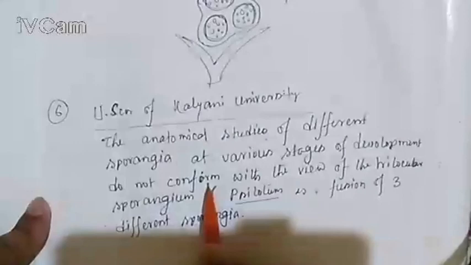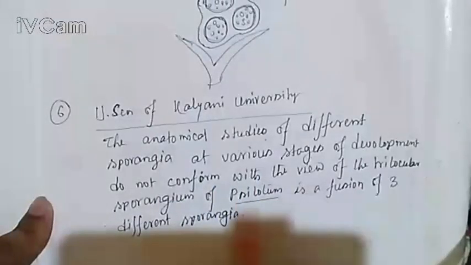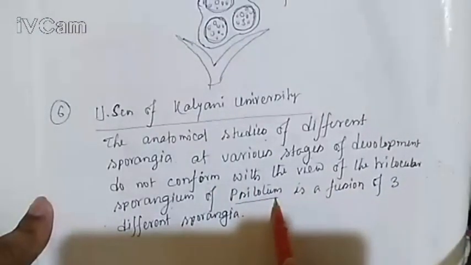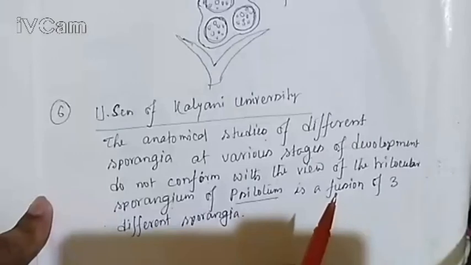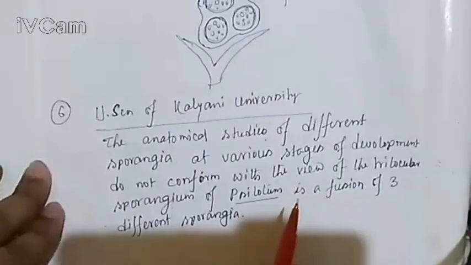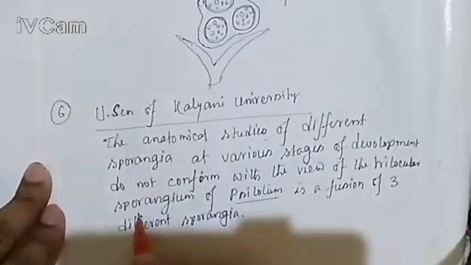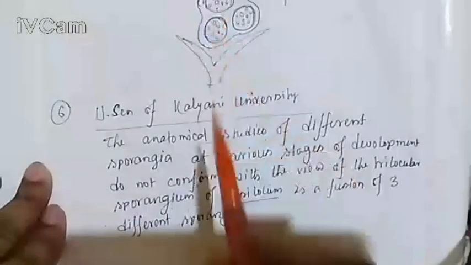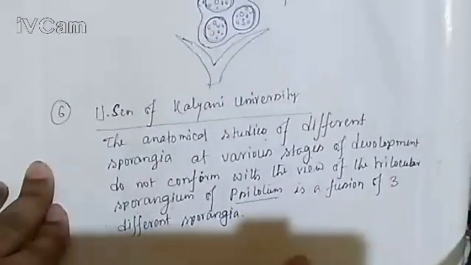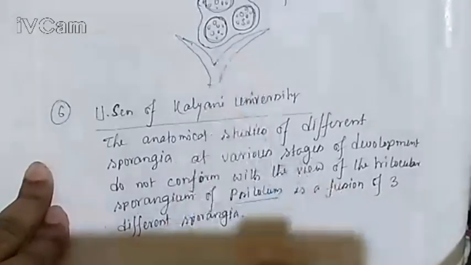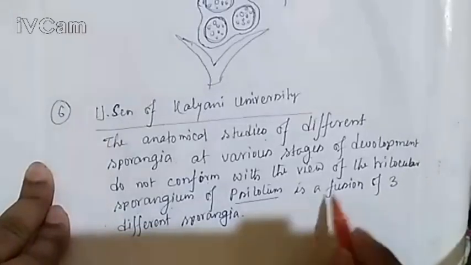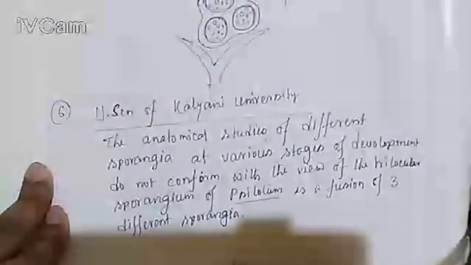It does not confirm the view of the trilocular sporangium of psilotum. Means he did not confirm the view of trilocular. I repeat this sentence again. It is a trilocular, he did not confirm. So it is a fusion of three different sporangia.